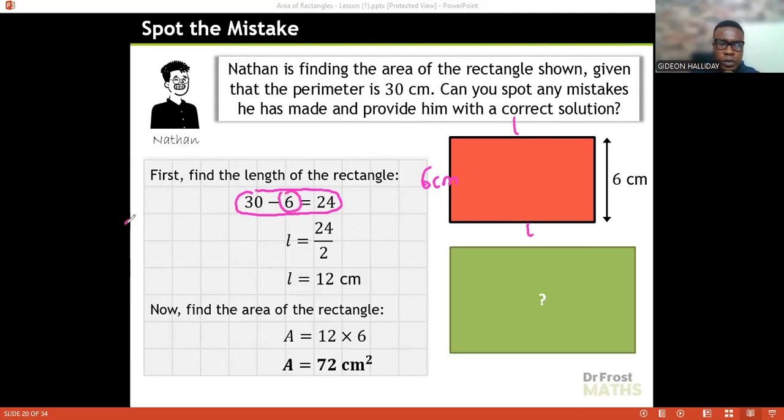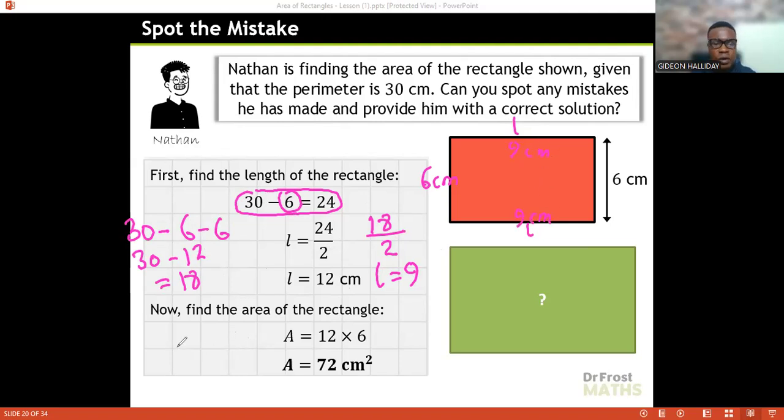So that would have been 30 take away 6, take away 6, so that's like, say, 30 take away 12. Now that's 18. And then you share your 18 divided by 2. So your length should be 9. So this is 9, and this is 9 centimeters.